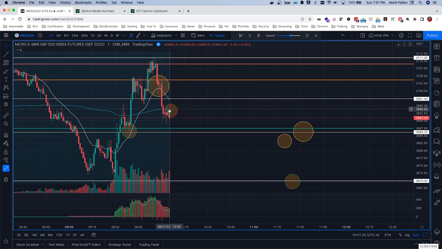I use it as a dynamic level, and so this was my entry to go short, or what would have been put positions if I was in SPY, and this was right off 369.50, or roughly 369 on SPY.